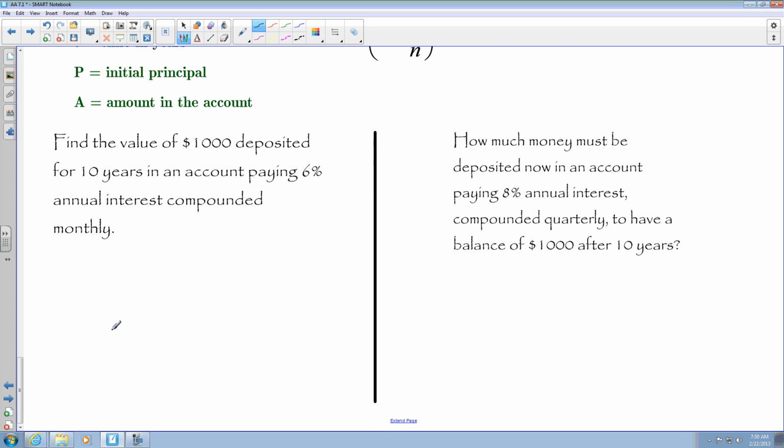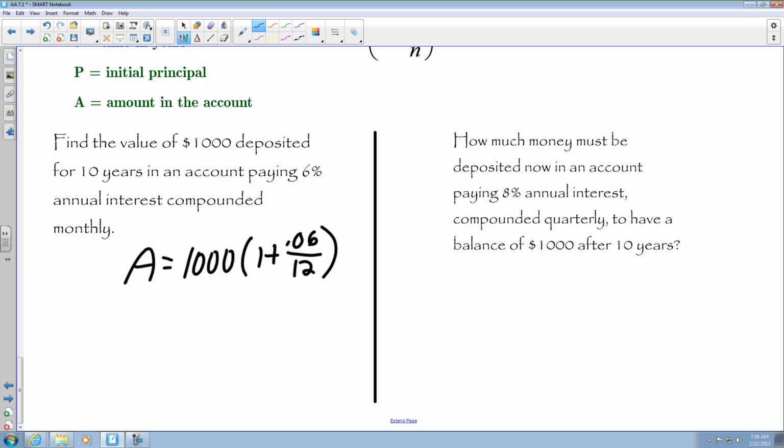So if I'm going to write an equation for this example, where I need to find the value of $1,000 deposited for 10 years in an account paying 6% interest, compounded monthly. So I have A equals my P, which would be 1,000. And then I have 1 plus my rate, 0.06, divided by N. Now this is monthly, so that means my N is going to be 12.